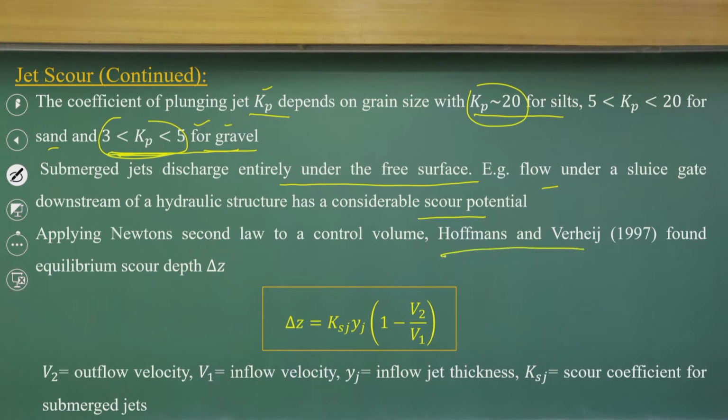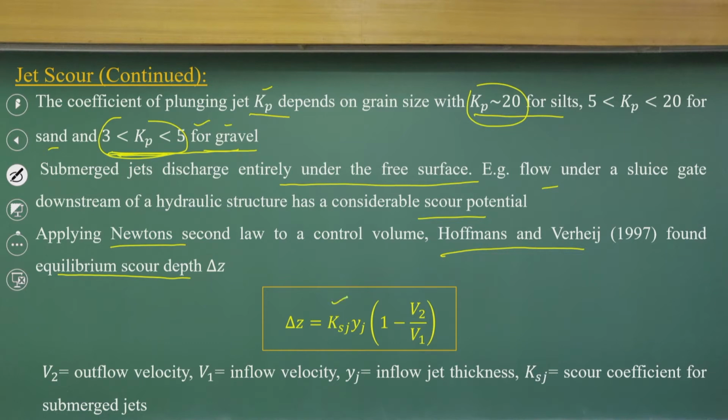Hoffmans and Verheij, 1997, established the equilibrium scour depth. It follows Newton's second law. We have been discussing applying the linear momentum equation in a control volume, exactly the same concept, using coefficients.